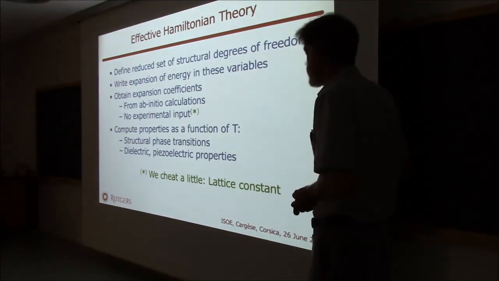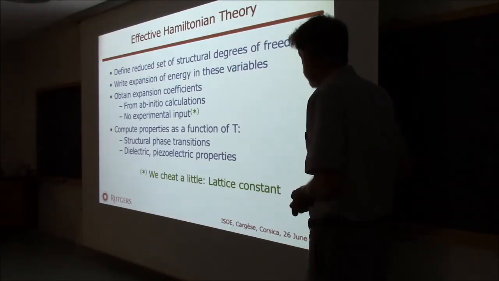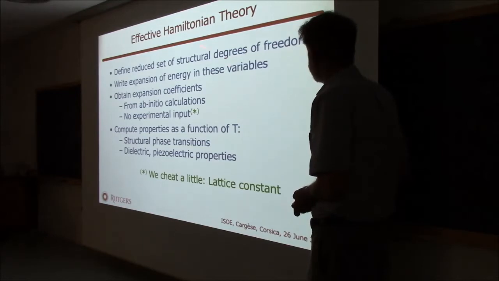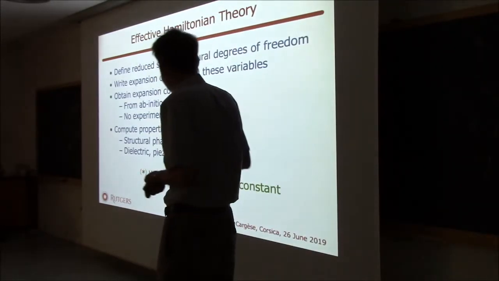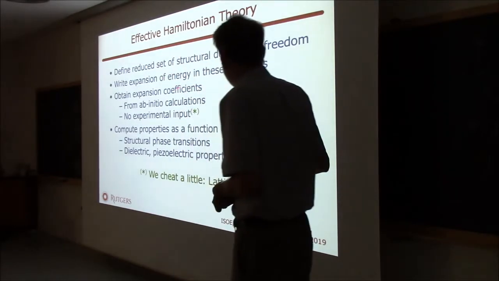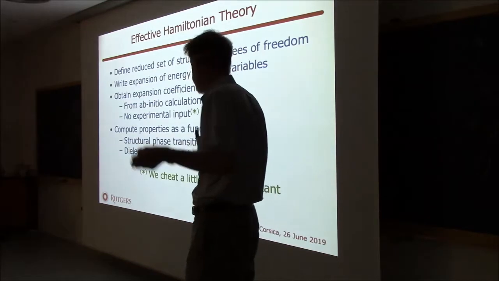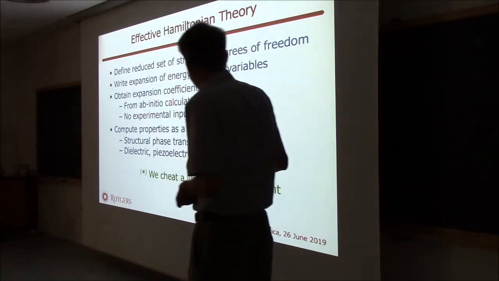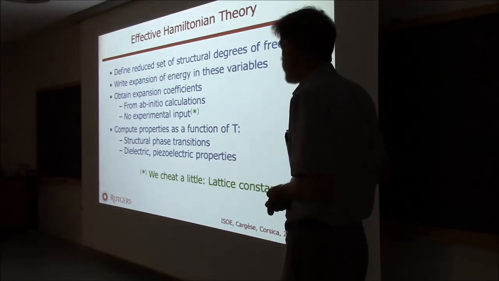2005. So basically the idea is I want to choose a set of structural degrees of freedom that represent the possible low energy distortions, make a model in which I expand the energy in these variables with some parameters, and fit the parameters to first principles calculations as far as possible with no experimental input.